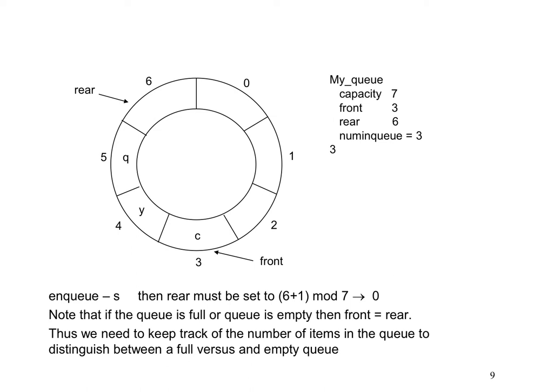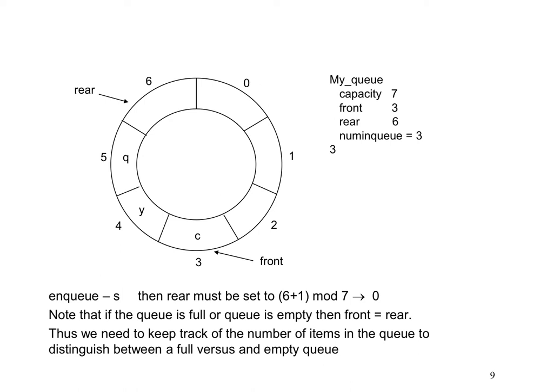But anyway, let's continue. So what's going to happen here, again, is we move here when we add an element. Suppose we enqueue an element S, and we put it here. Then rear will be set to 6 plus 1 mod 7. So we'll use the modulus function, and rear will be set to 0. And that's exactly what we want.